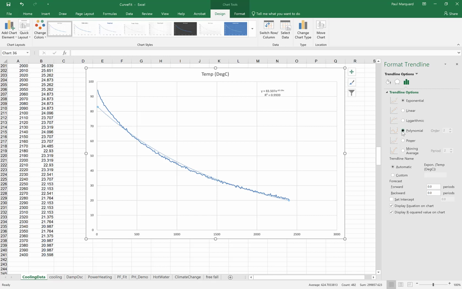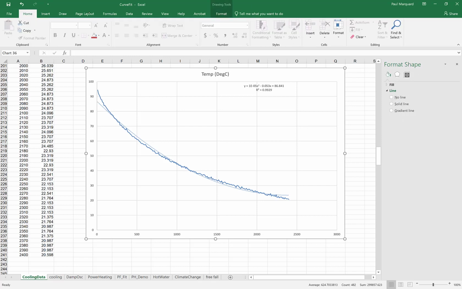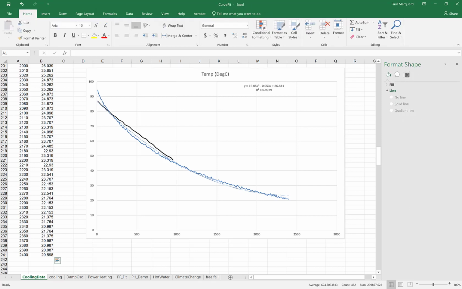Let's talk about the polynomial fit first. And the exponential fit actually is going to have a similar issue. When I look at the polynomial fit, I've got a t squared, which means as I examine this curve, it's going to eventually go up someplace over here. And that's just not going to happen, right? Think about the situation.